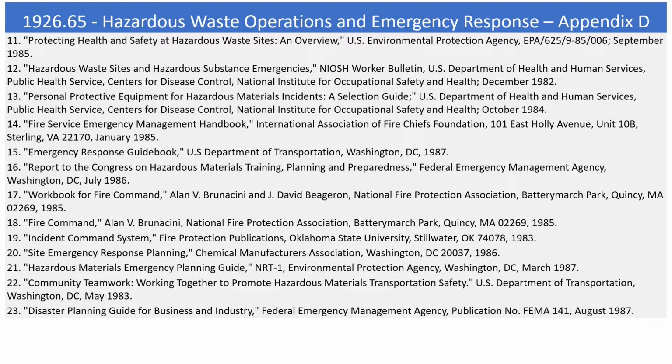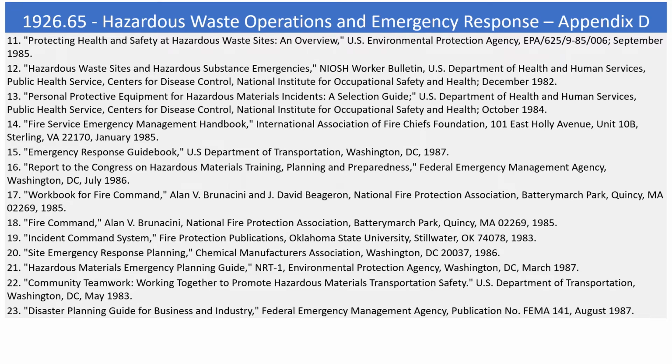19. Incident Command System, Fire Protection Publications, Oklahoma State University, Stillwater, Oklahoma 74078, 1983. 20. Site Emergency Response Planning, Chemical Manufacturers Association, Washington, D.C. 20037, 1986. 21. Hazardous Materials Emergency Planning Guide, NRT 1, Environmental Protection Agency, Washington, D.C., March 1987. 22.